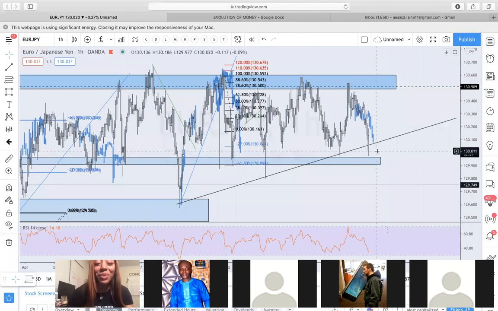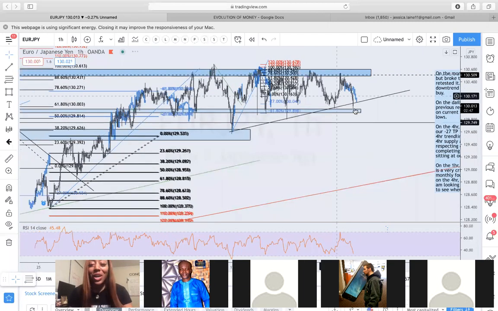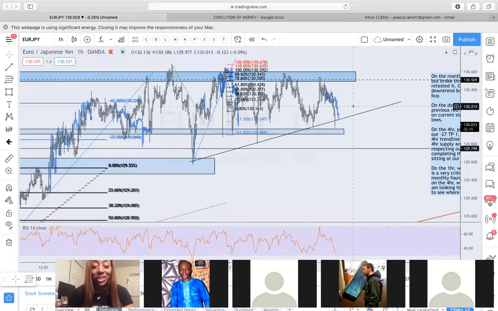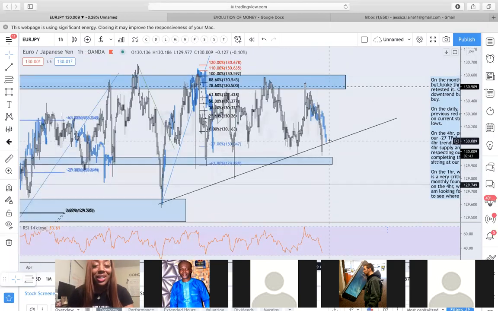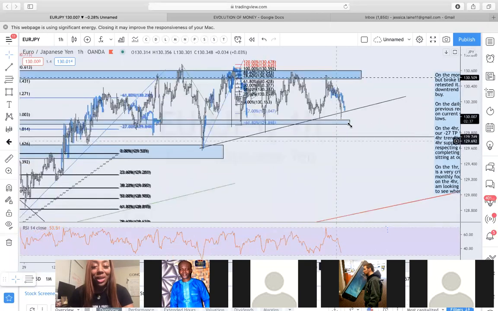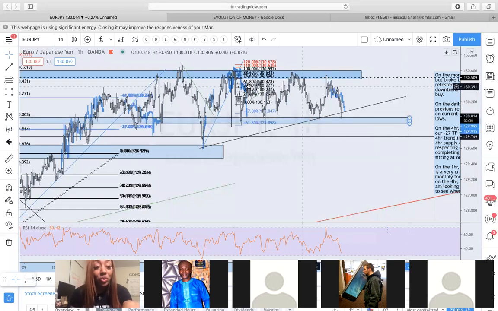Okay, so Euro JPY, like Christopher said, if we have a break, this is consolidating though. So I really see this could push back up and consolidate in this range. And mind you, this is the whole level that we've been looking at for literally the last 2 weeks. So really it's just at this level.